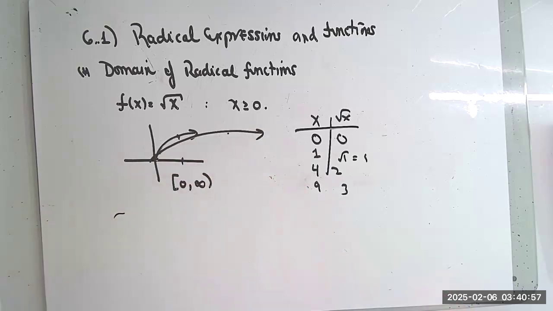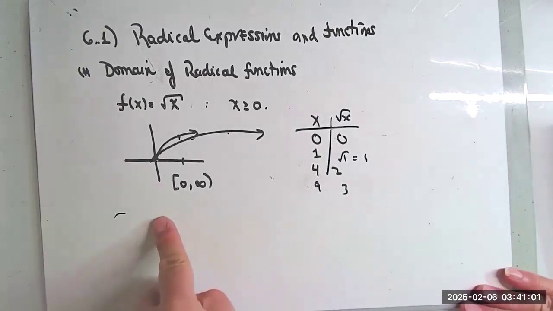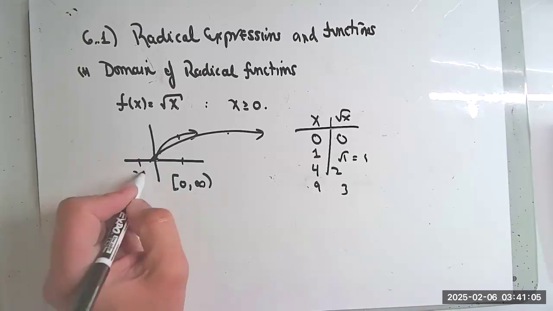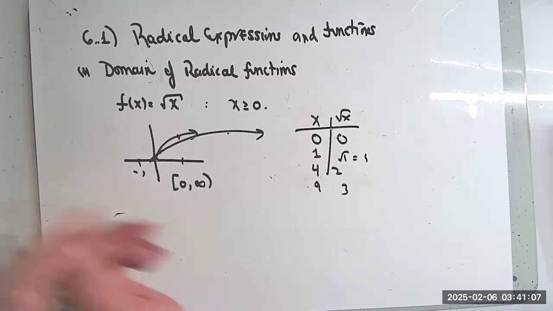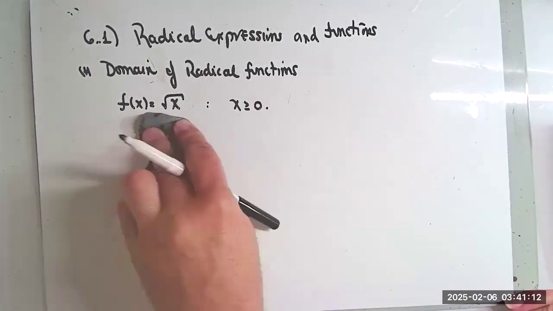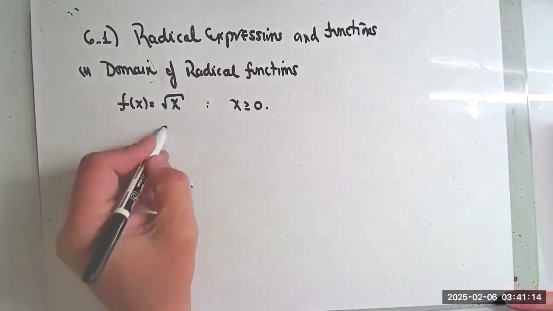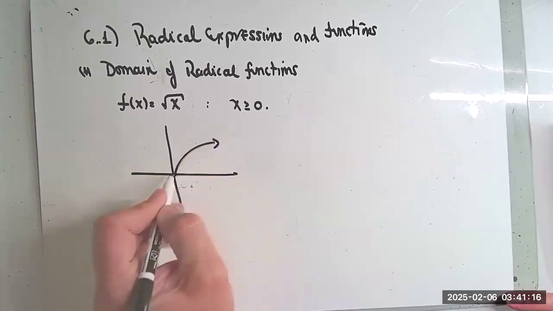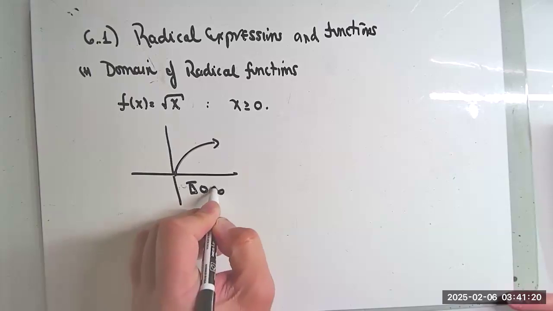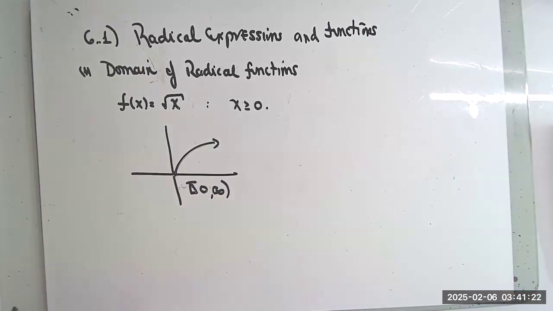So the graph continues like that, and this is why the square root of x looks like that. Notice if I attempt to do the square root of negative 1, there is none. This is why the domain of the square root function is x greater than or equal to 0. That means from 0 to infinity.